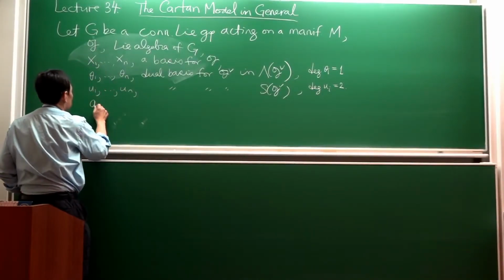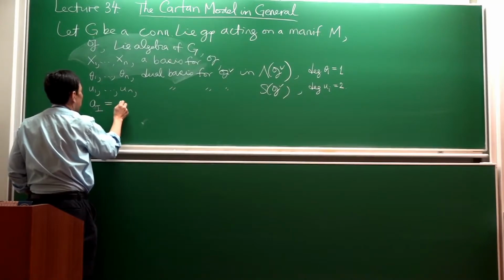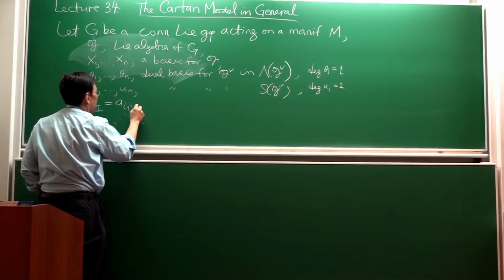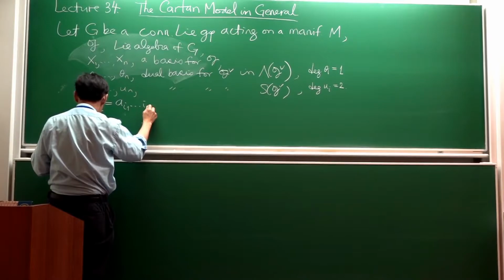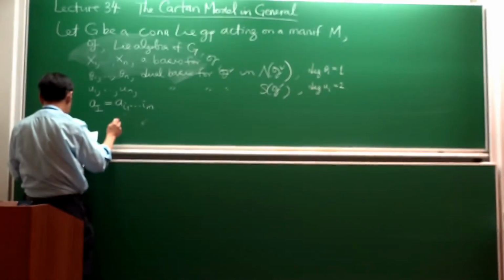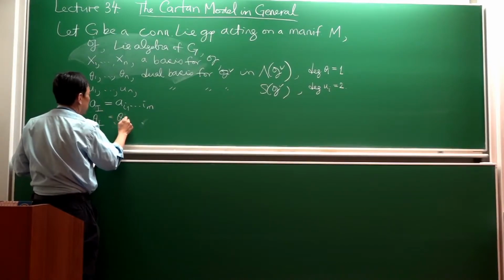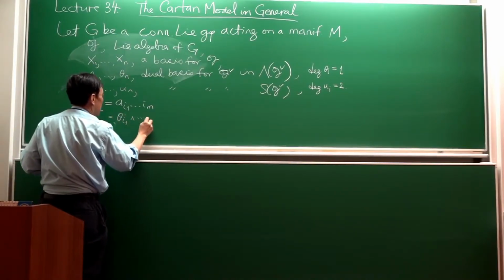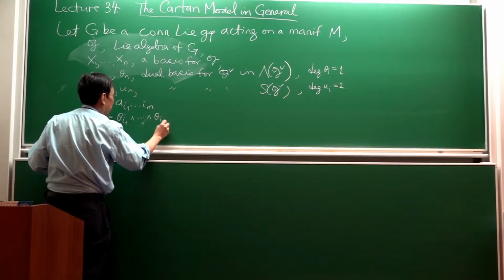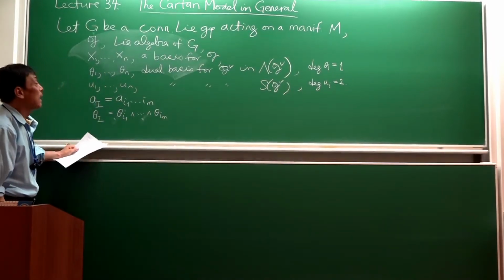And then I will use the shorthand. A sub I is A sub i1 to im. Okay. And theta sub I is theta sub i1 wedge through theta sub im. Okay.